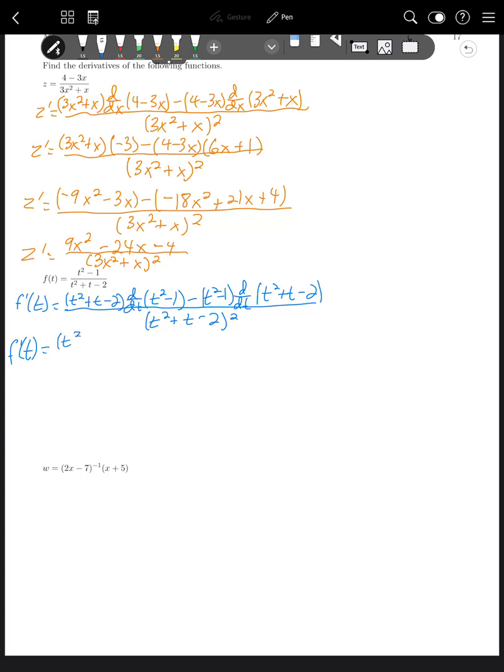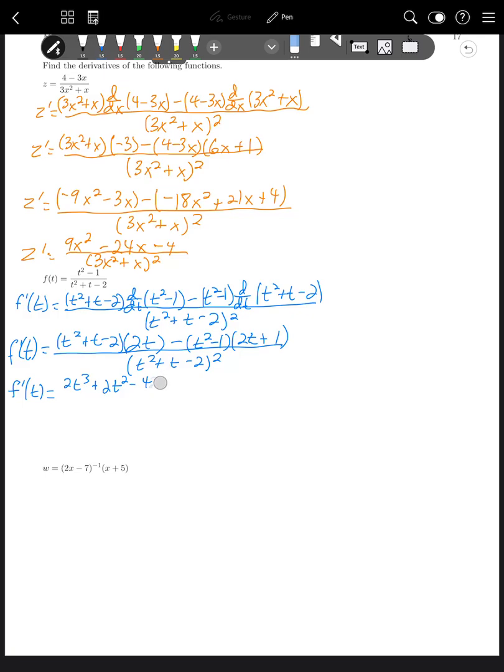Okay, so t squared plus t minus 2 times 2t minus t squared minus 1 times 2t plus 1 all over t squared plus t minus 2 squared. So distribute. So f prime of t equals 2t cubed plus 2t squared minus 4t.